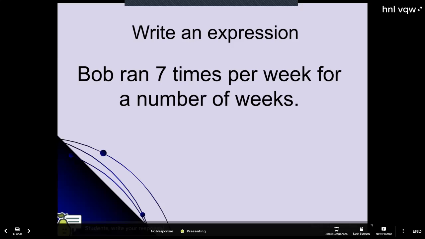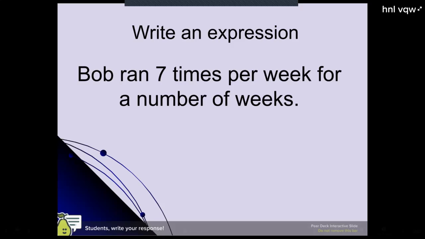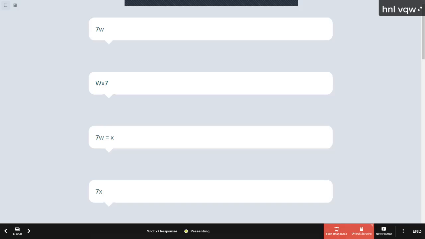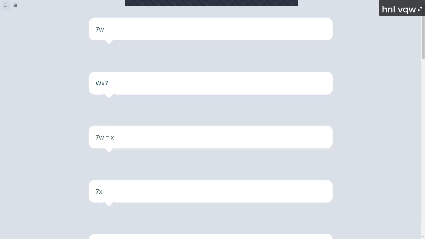All right, you guys try. Write an expression. Bob ran 7 times per week for a number of weeks. All right, let's take a look. So yeah, don't do this. I don't know why we raise children to use X for multiplication, because then we have to train you differently in high school. I don't know why we don't just use a little star symbol the whole time.